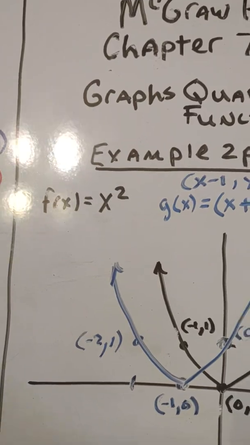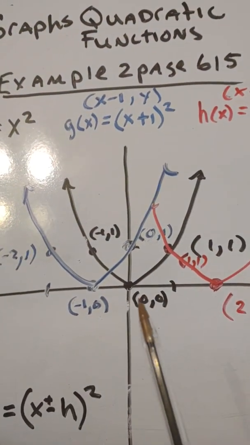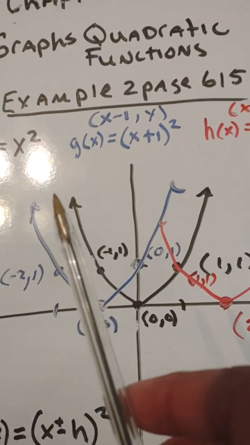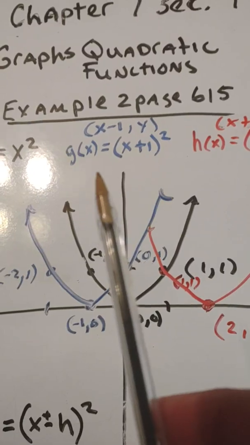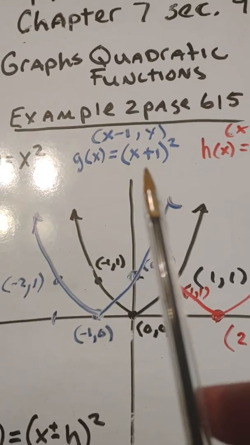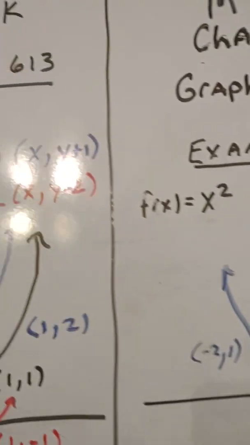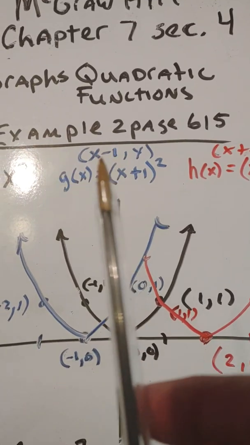We have f of x equals x squared, or we have 0, 0, 1, 1, negative 1, 1. So here's our base graph. And we have in blue g of x equals x plus 1 squared. See, this plus 1 is directly with x. See, over here, it was with x squared. So what this means is we're going to subtract 1.